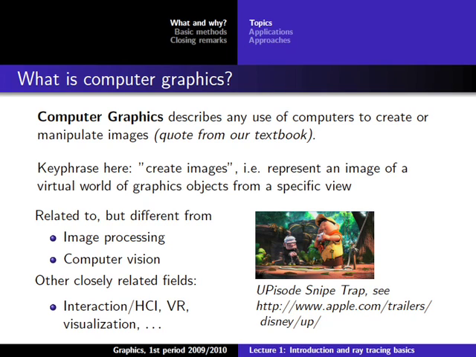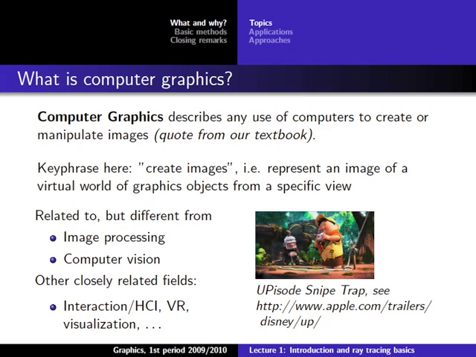Obviously, the border between image processing and computer graphics is not really strict, because the quote also says computers to create and manipulate images. But the point is that in image processing we usually take a real image, more like a photo, whereas in computer graphics we create an image in the first place and then manipulate it.